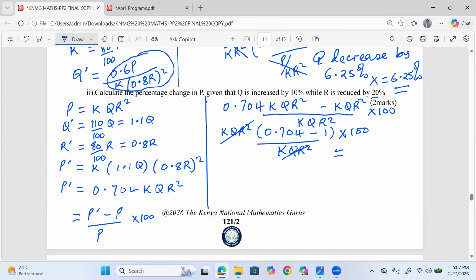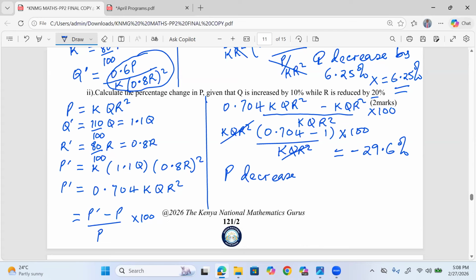And now when we subtract 1, we get a negative. Then by 100, this becomes negative 29.6%, meaning that P is decreasing.